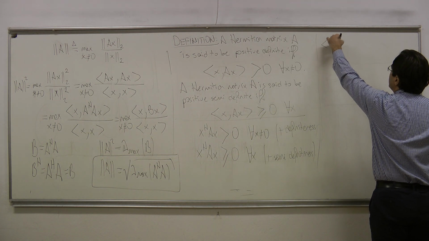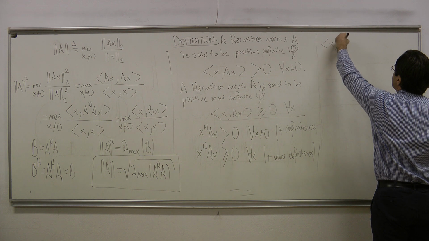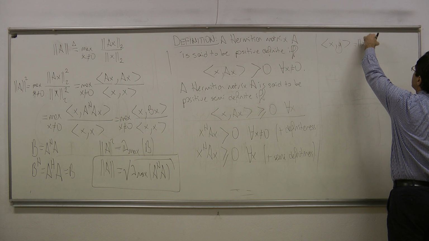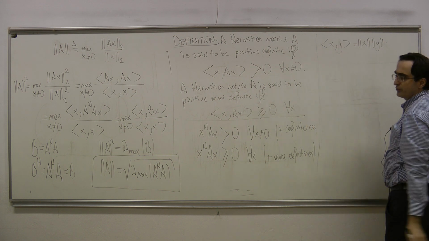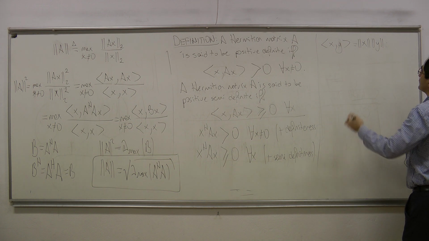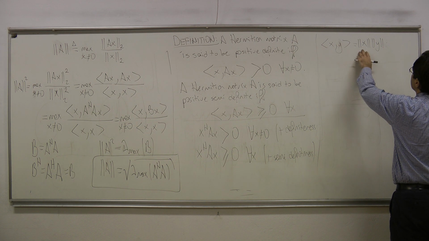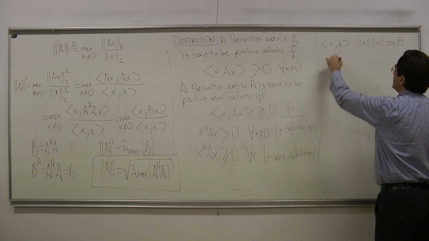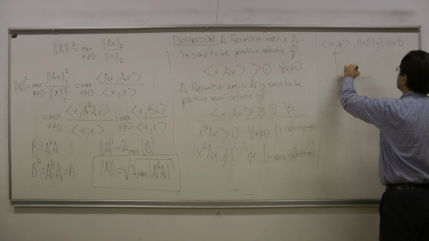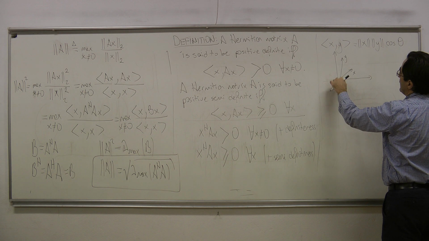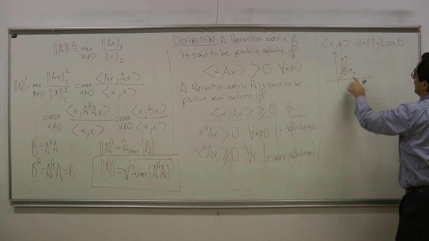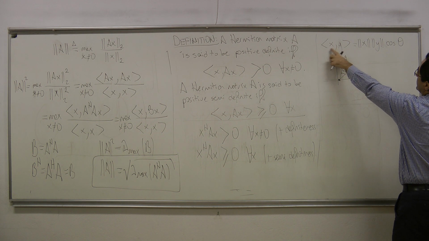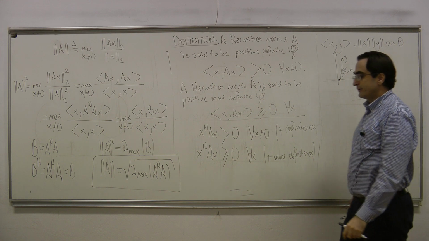So for this L2 inner product, if you have the inner product of x and y, you know from, for example, high school, or from first-year calculus or linear algebra, that this inner product is the norm of x, times the norm of y, times the cosine of the angle between x and y. If these are two vectors, this is my x and this is my y, and this angle theta is determined by the angle between these two vectors, and this L2 inner product would always be equal to this number.